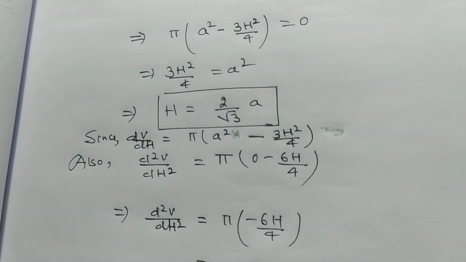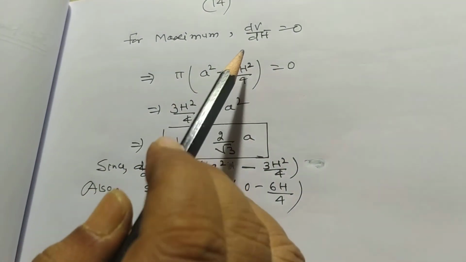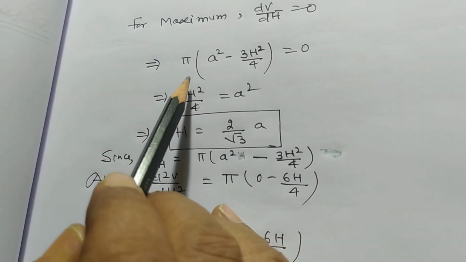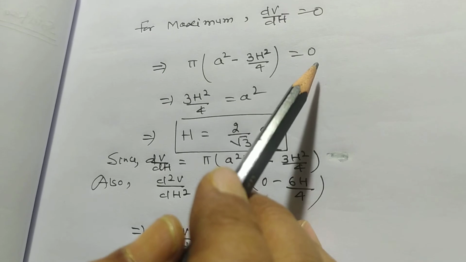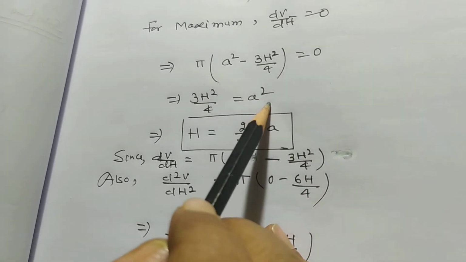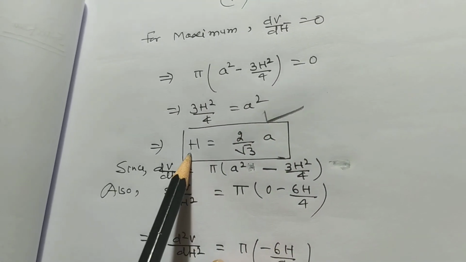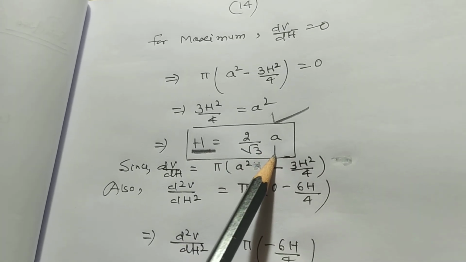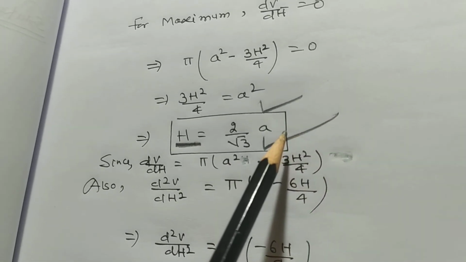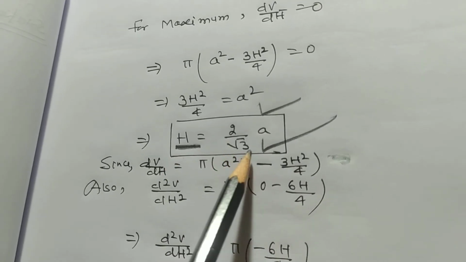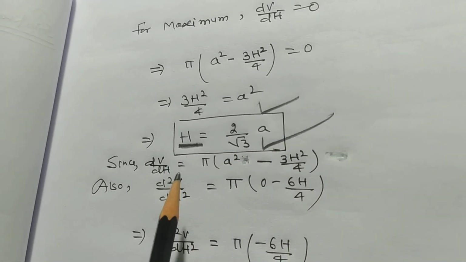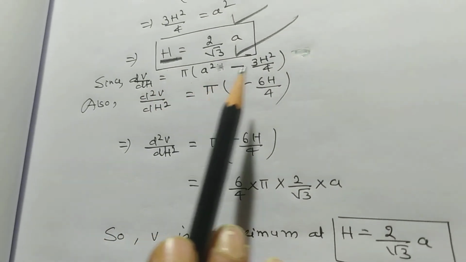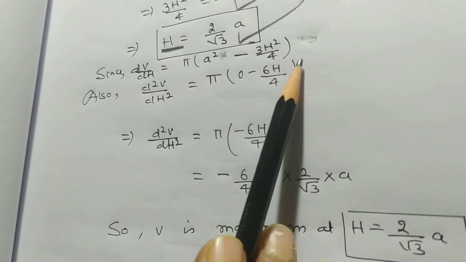So my dear students, for maximum, dV by dH is equal to 0. Pi A square minus 3H square by 4 is zero, so 3H square by 4 is equal to A square. So the height of the cylinder is 2 by root 3 times the radius of the sphere. Now dV by dH is equal to pi A square minus 3H square by 4.